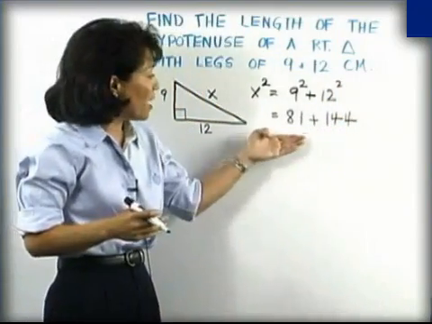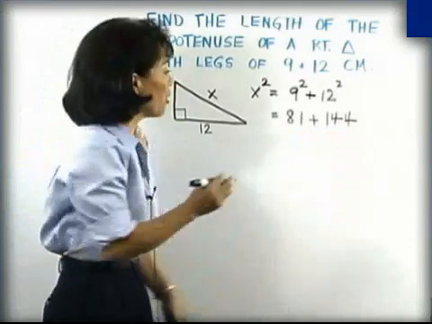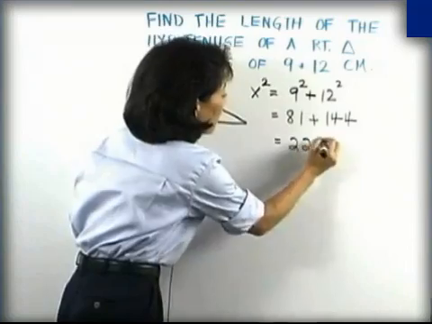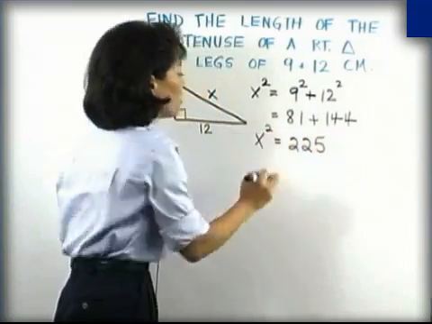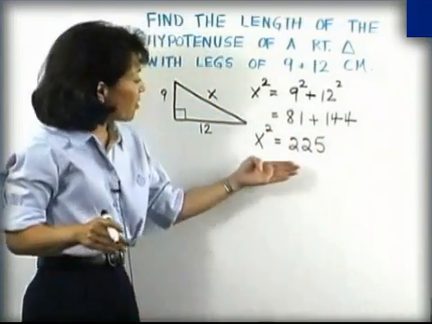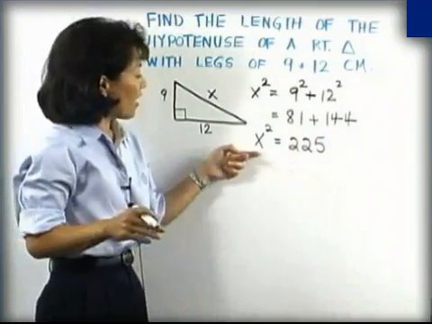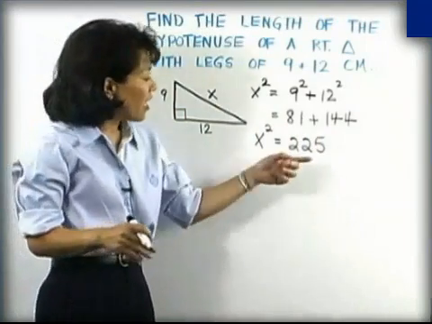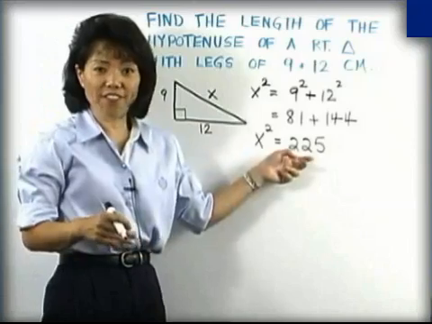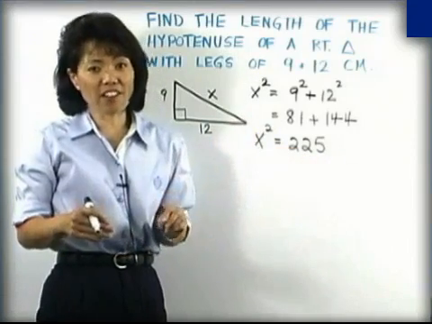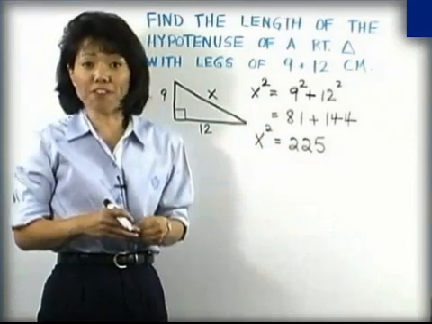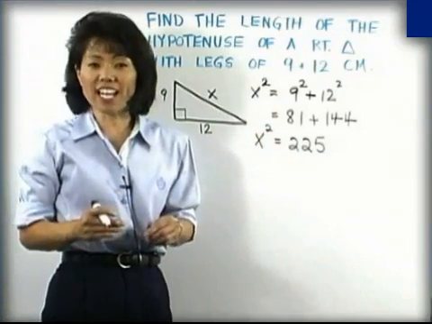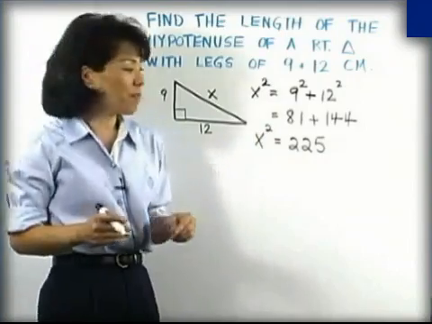Add 81 plus 144, and that tells us that x squared is equal to 225. Now that we've gotten here, you have to ask yourself, what number times itself is 225? Well, with the use of a calculator, or if you just happen to know the fact, it turns out that 15 times 15 is 225.